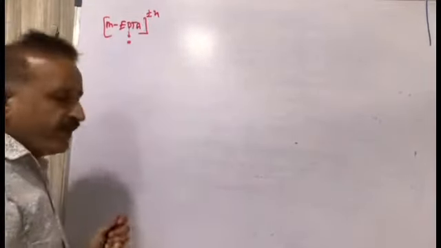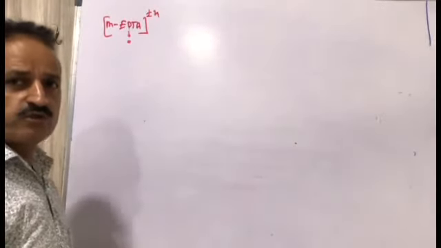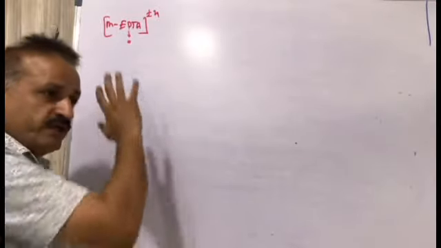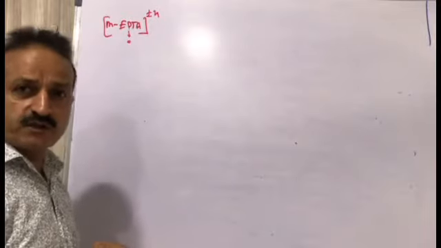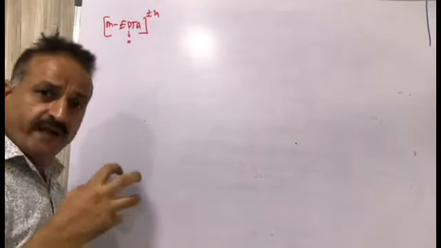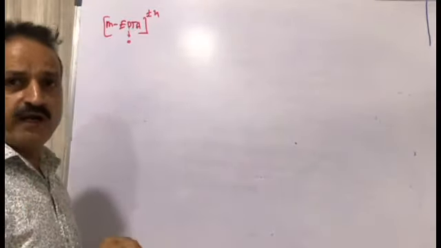The metal ion's charge may be plus or minus. So how can we draw this coordinate compound structure? Kindly see, I will attach EDTA with the metal and form 6 coordinate covalent bonds.